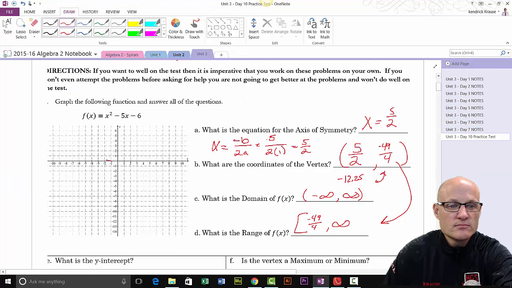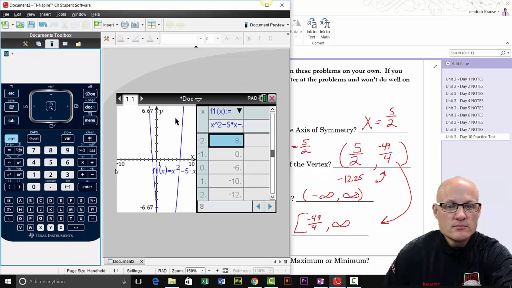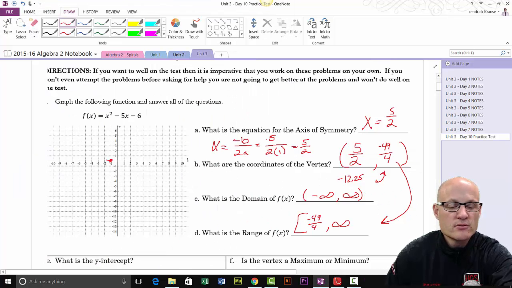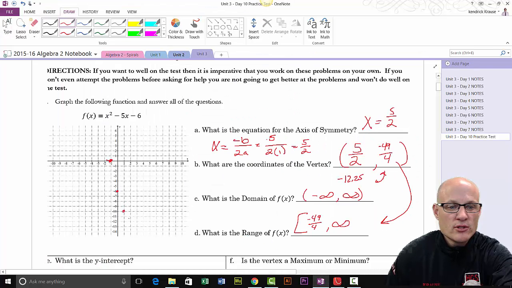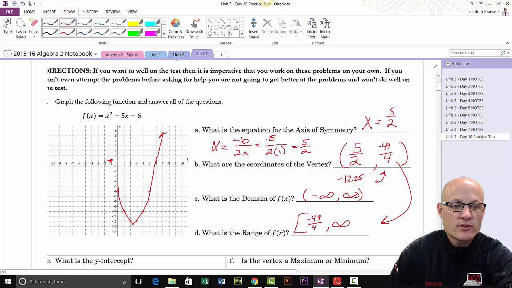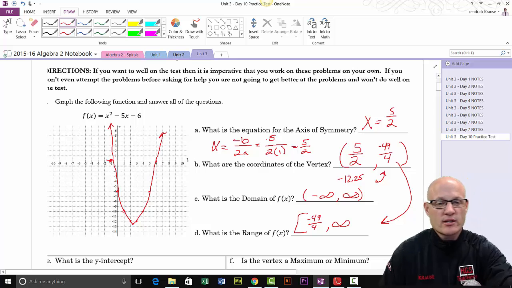Negative 1, 0. 0, negative 6. 1, negative 10. 2, negative 12. Then we got this little piece right here. Then we'll just match them going up. And there it is, like that. And then let's see if I can actually hit a few of these points. Boy, that's hard. Okay.